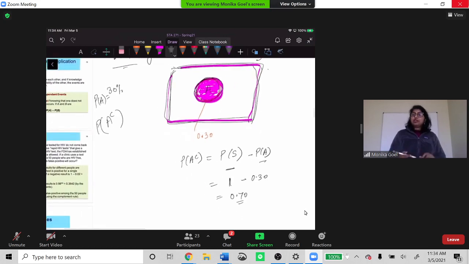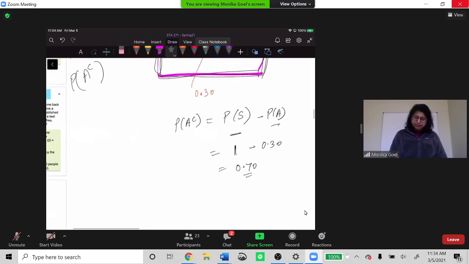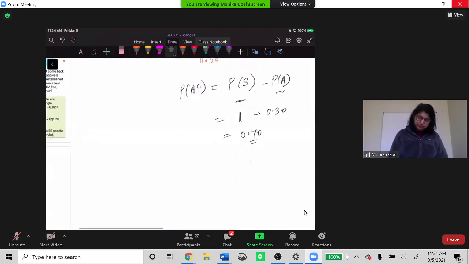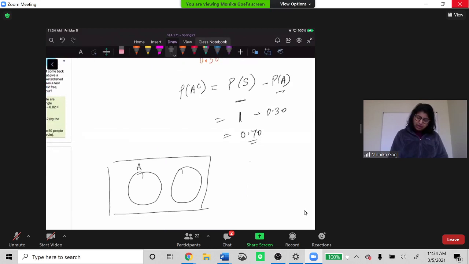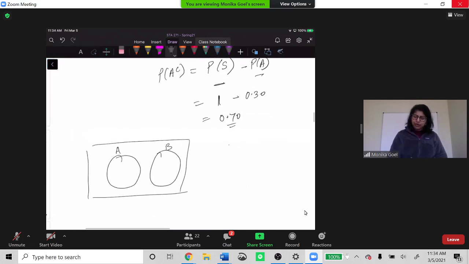Okay, so here I'm talking about just one event. What happens if we have 2 events? Let's say we have 2 events, A and B. And I have another Venn diagram where I have 2 events.